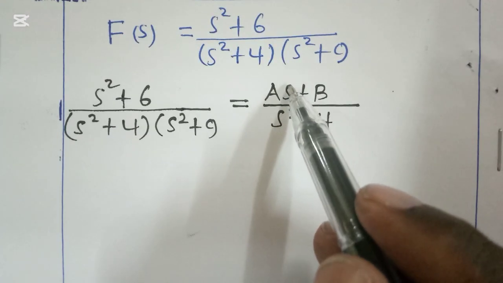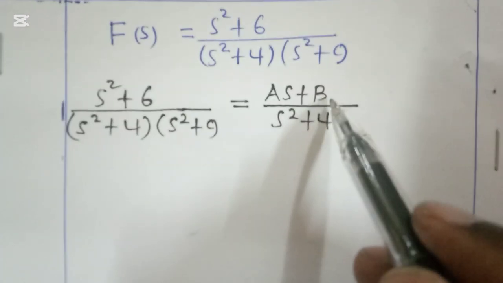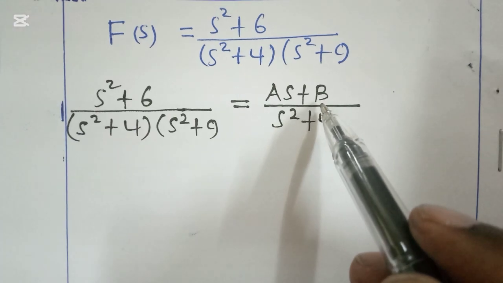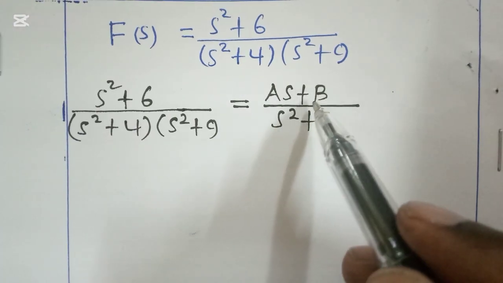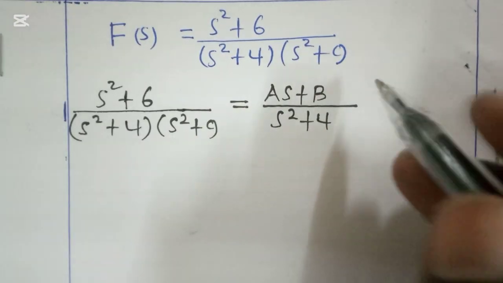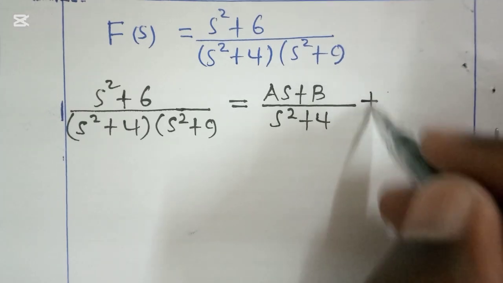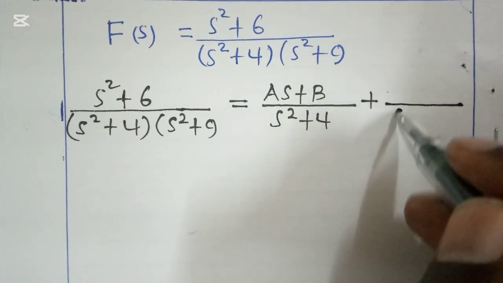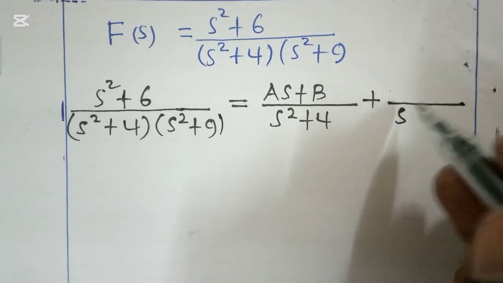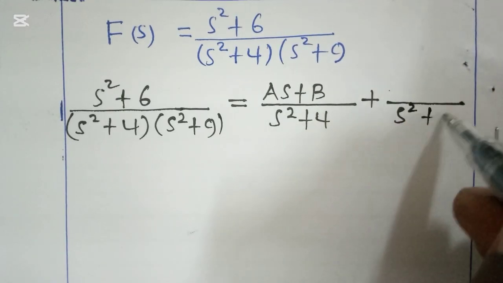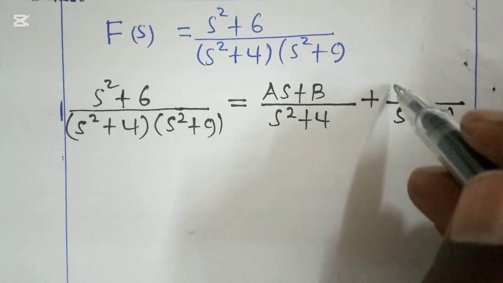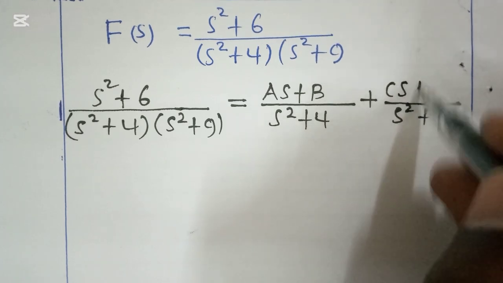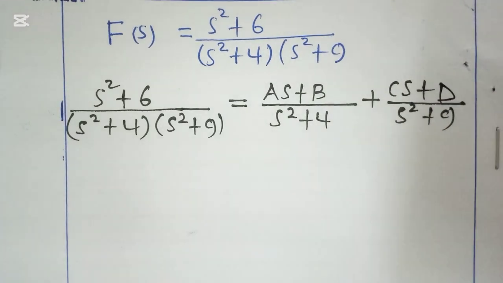That is the power of 1 and this one to the power of 0, so therefore it's not there, but you put a coefficient which is b. Now plus, the same case happens here, whereby you write s squared plus 9, and here you have cs plus d, like that.